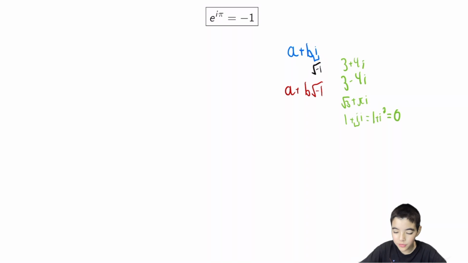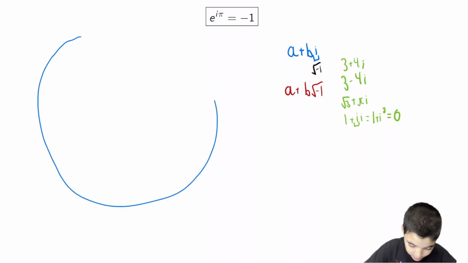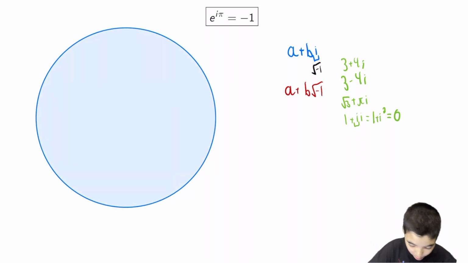But what is trigonometry? It all lies on the unit circle. The circle centered at the origin with the radius of 1.